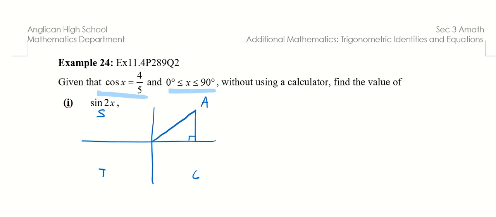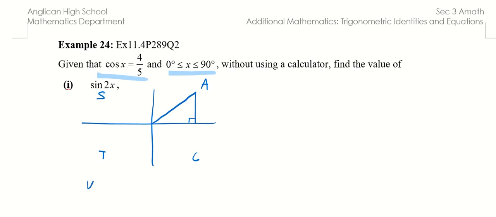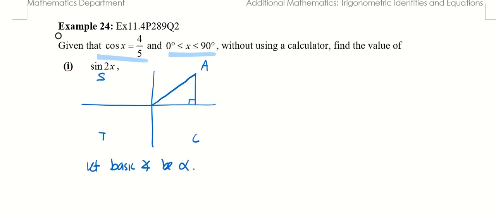Having said that, if we let the basic angle be alpha, then we have cosine alpha equals 4/5. With that in mind, you can go into your alpha, which is here, and pen down: this is 4, this is 5, with the opposite being 3.